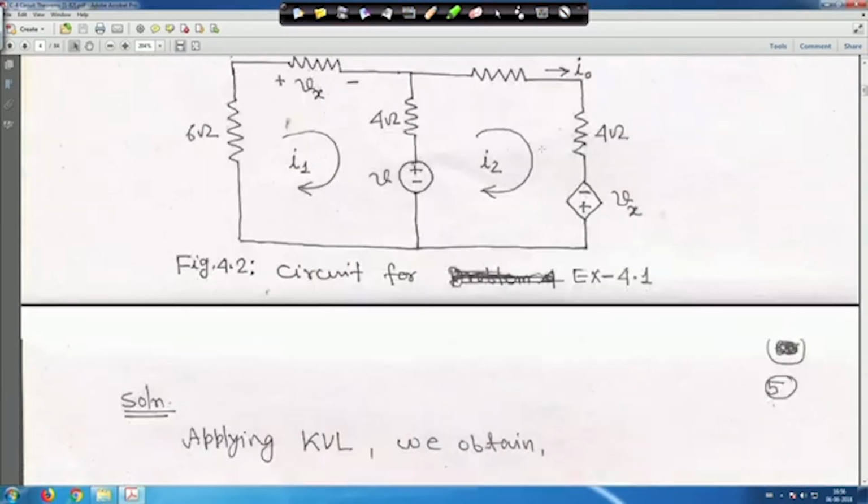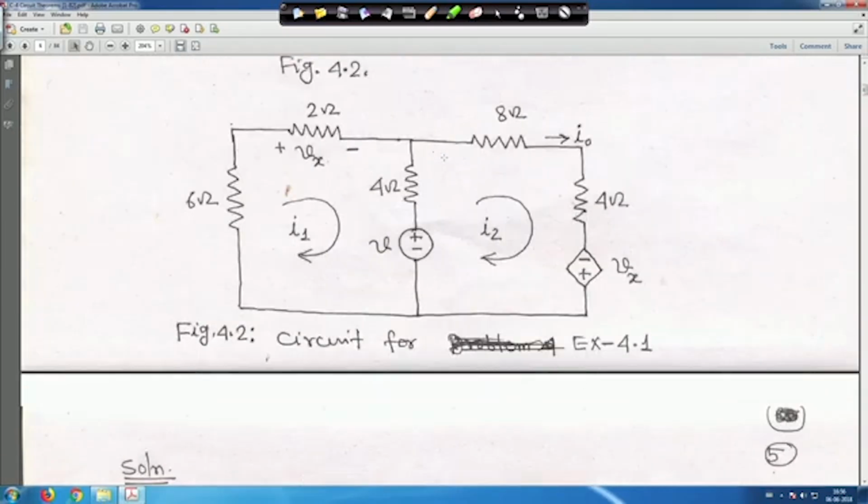In this case we apply KVL. This is mesh 1 and mesh 2. And this current is I0, marked here.